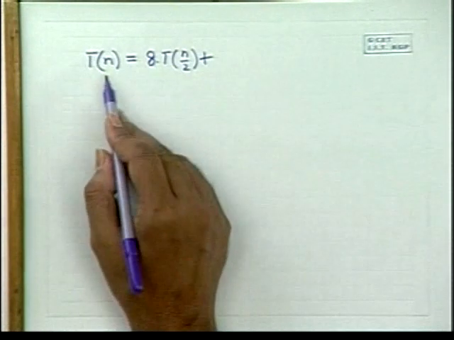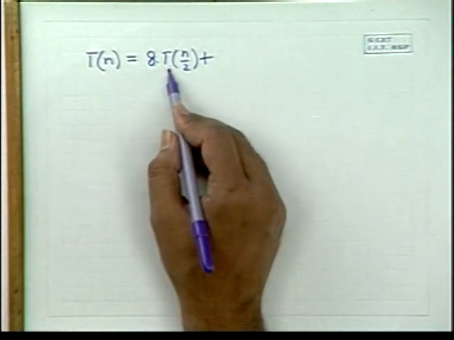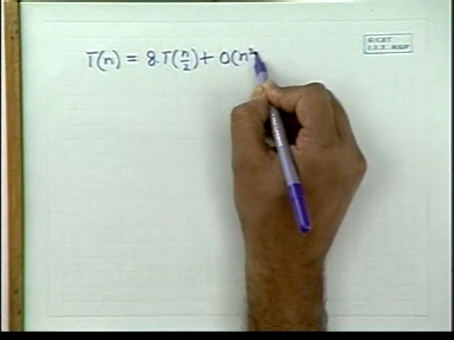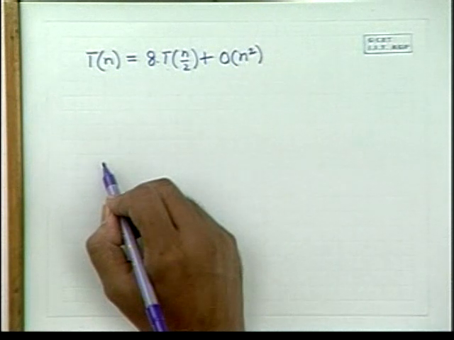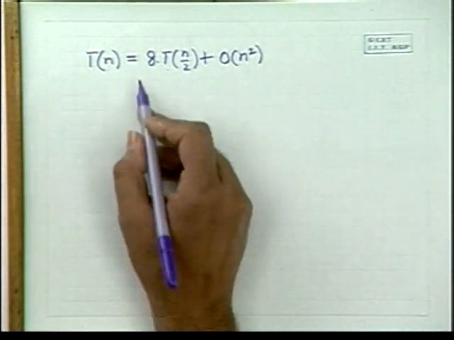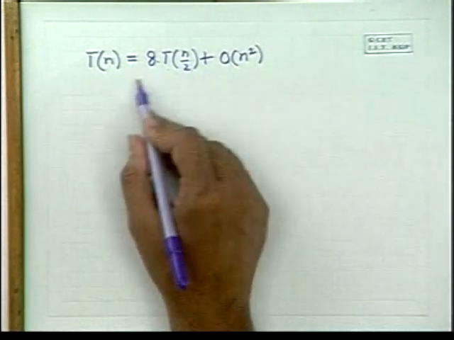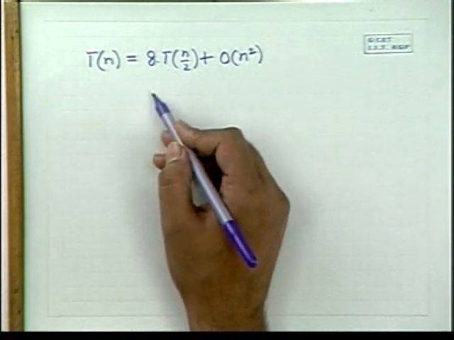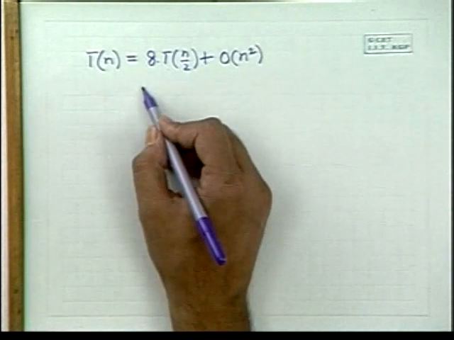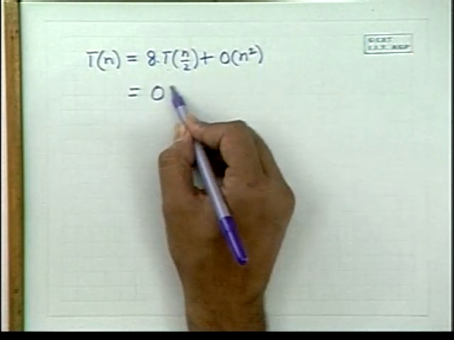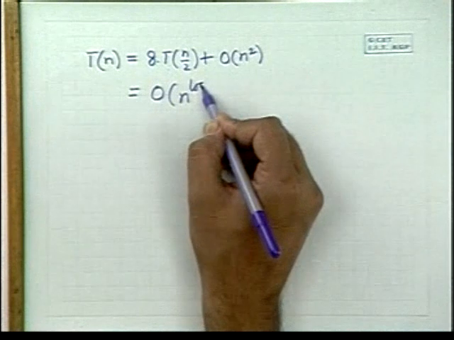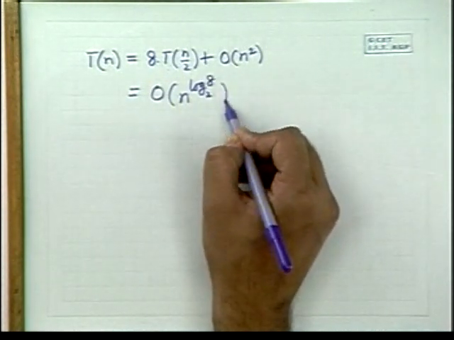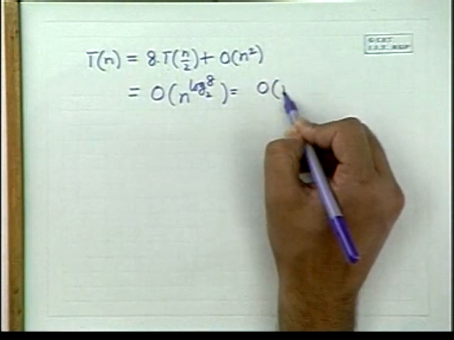So the recurrence relation becomes Tn is equal to 8 times T of n over 2 plus order of n square. If you solve this recurrence relation, we know how to solve it. You can unravel it or you can apply Master's theorem. In that case, what you will get is order n to the power log base 2 of 8, which is order of n cube.